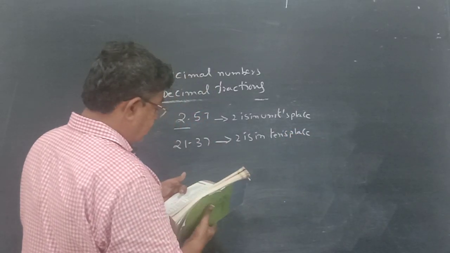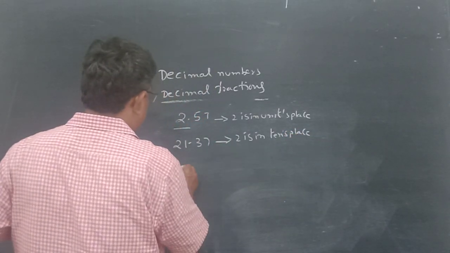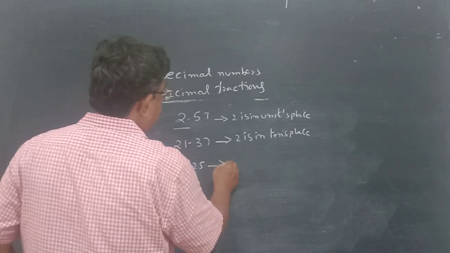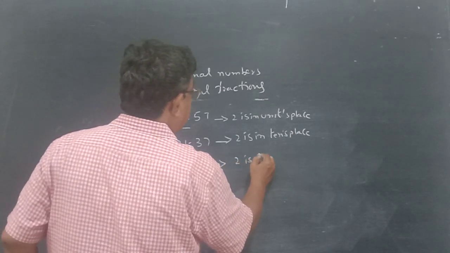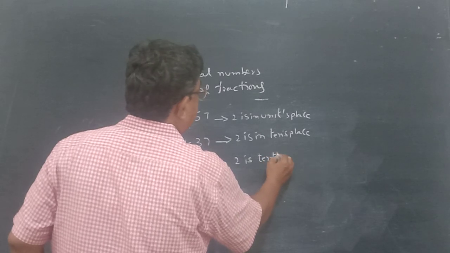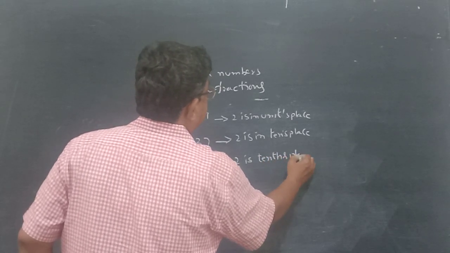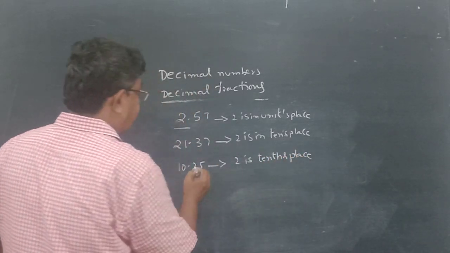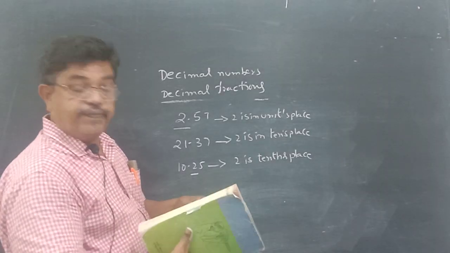Next, 10.25. 2 is in tenths place. It is in the first decimal, so it is called tenths.